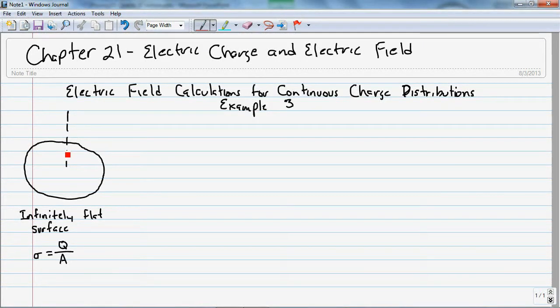So if I have a circle and I'm using the z-axis, if I'm concentric around the point where the z-axis goes through the surface, I already know the electric field due to a loop. And if I know that this loop is here and I know the electric field, this just becomes a differential electric field.